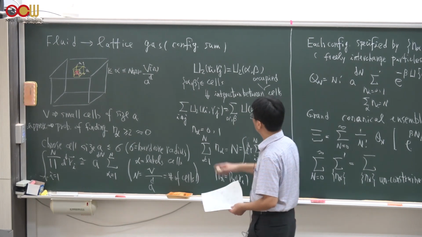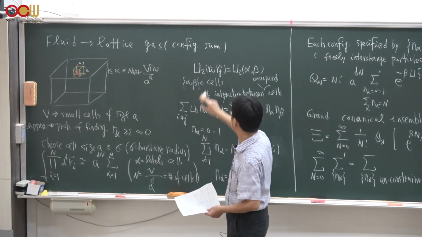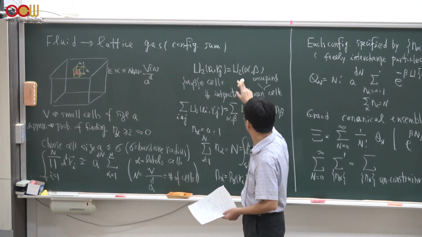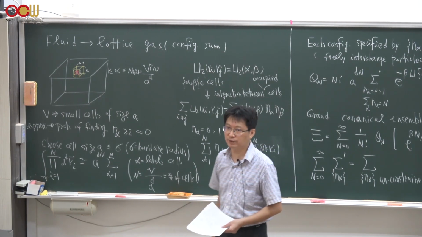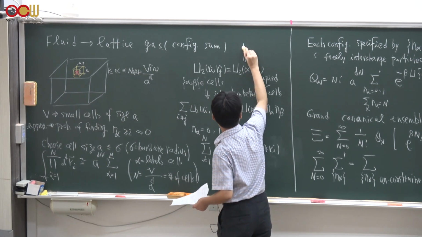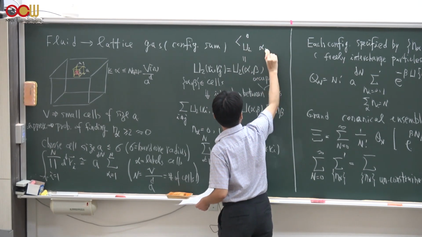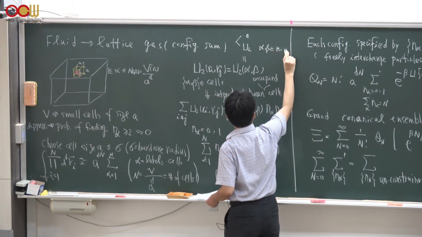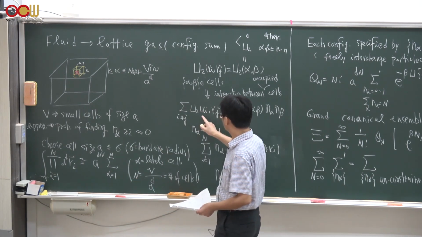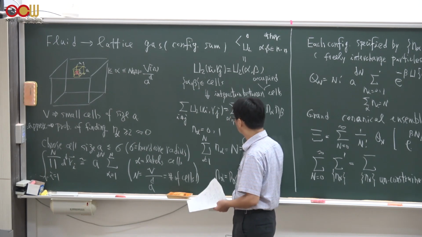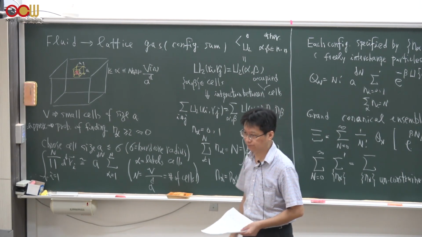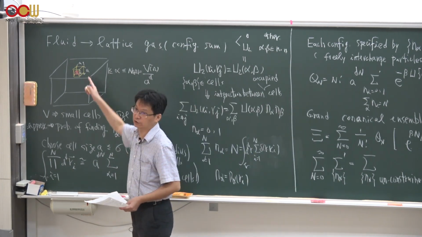So U2, the two-body interaction between the particles at site I and site J in the original fluid system, now becomes the interaction between unit cell alpha and beta, and we will make another simple approximation by considering just the nearest neighbor and no interaction beyond the nearest neighbor sites. So the fluid version of the two-body interaction between Ri and Rj can now be rewritten in terms of, say, the density-density interaction between the nearest neighbor unit cells.